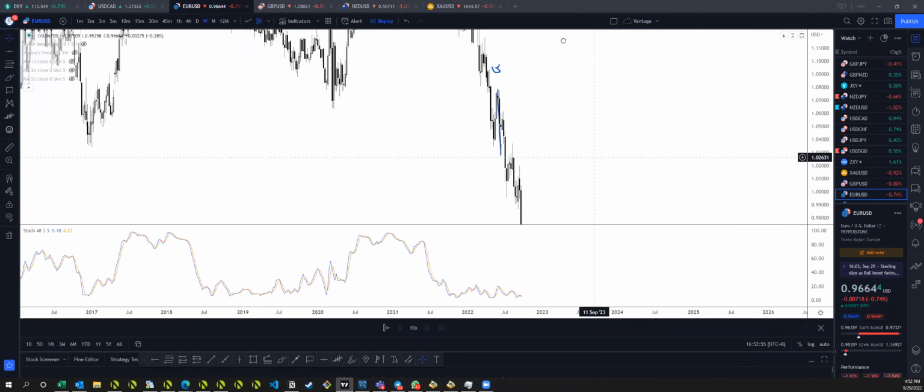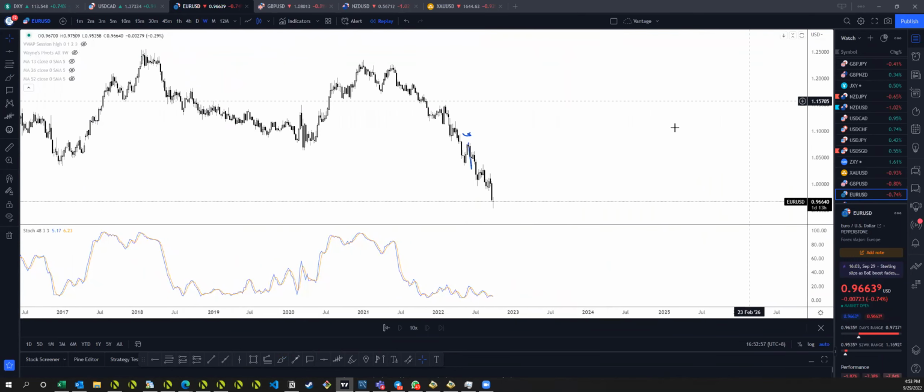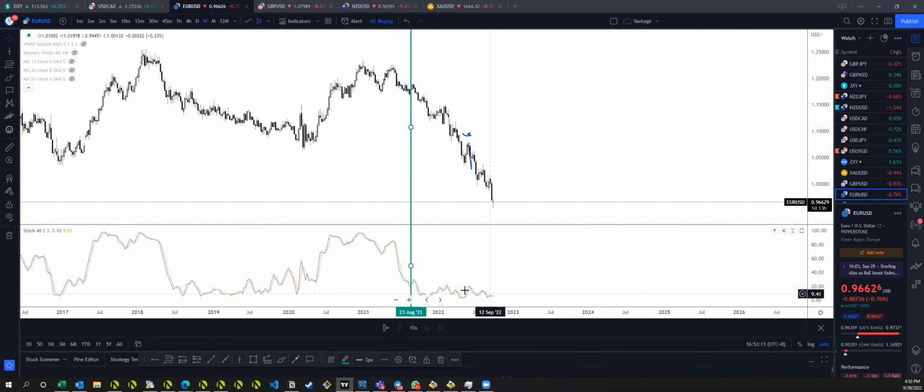If I zoom this out a little bit, the start of my downtrend, I wouldn't know this is a downtrend maybe until, say, the break of this structure here. And then if I were to mark it, you wouldn't have gotten any entries if you were on the weekly time frame.